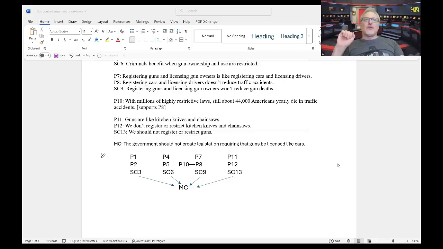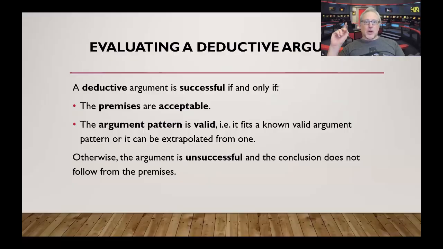Now, we have already talked about evaluating arguments a couple of times, and that's because each form of inference we've discussed comes with its own method or criteria for evaluating it. For example, we evaluate a deductive argument by determining whether it has a valid argument pattern and whether the premises are acceptable.